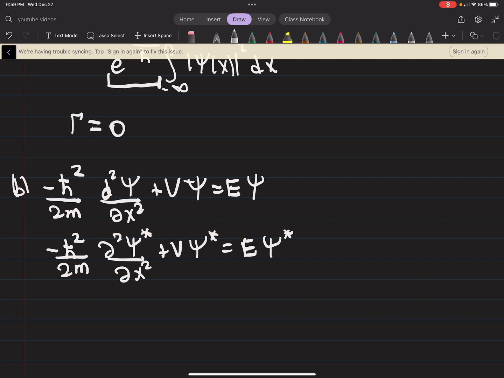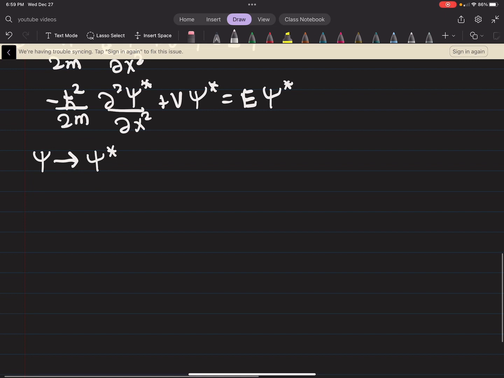Clearly, nothing has changed except our wave function is now the complex conjugate of psi, which is still a solution to the Schrodinger equation. So if psi is a solution, so is psi star. Now, what we want to show is that a linear combination is also a solution.